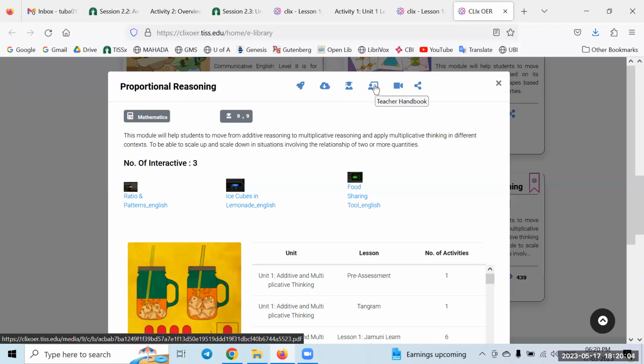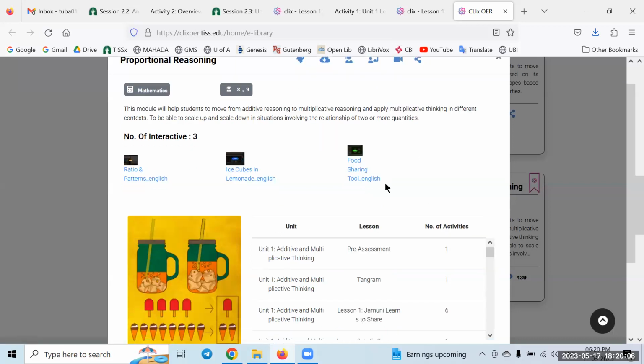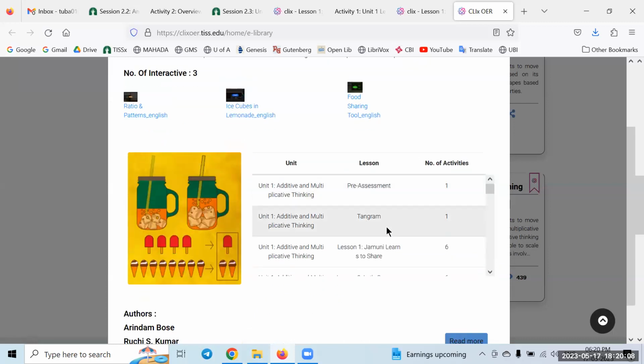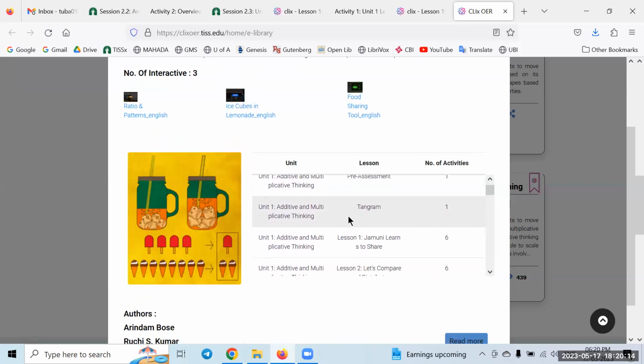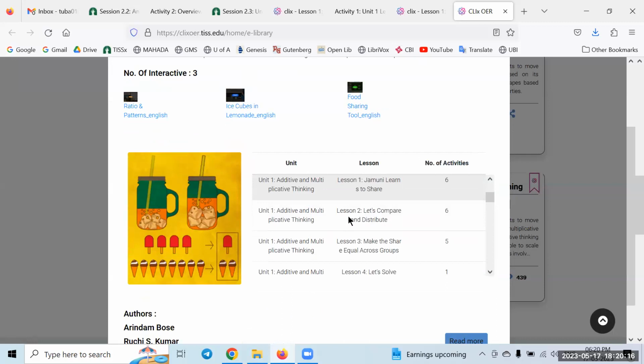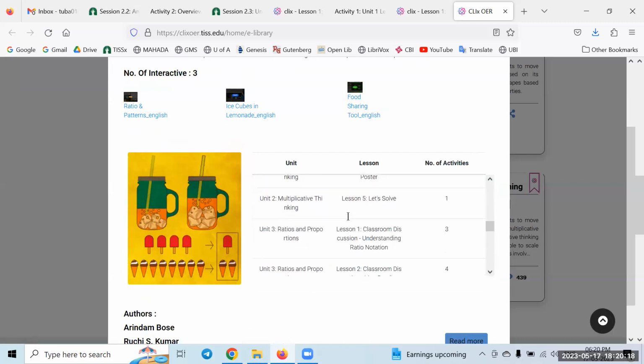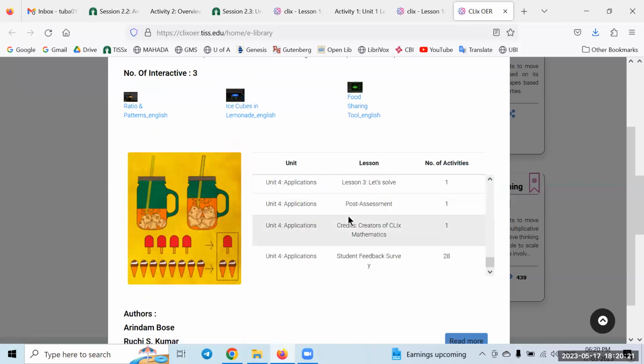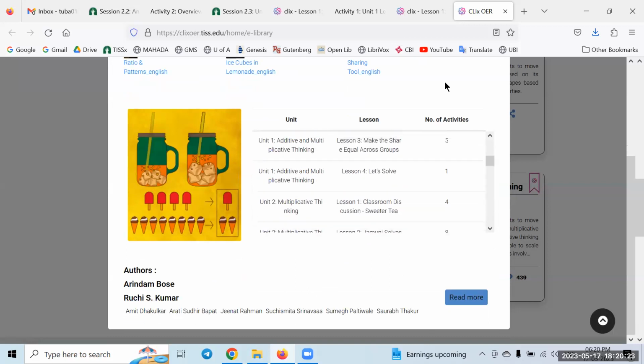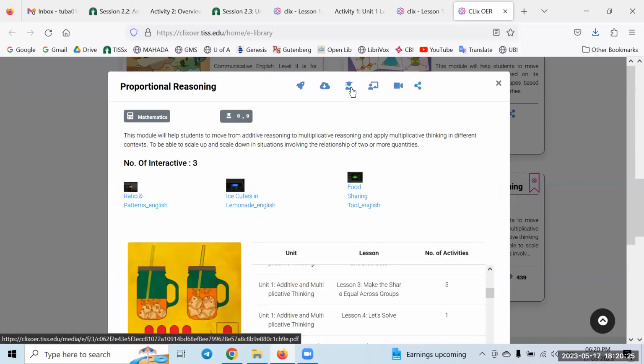You can find the teacher's handbook, and you can download it, and in that particular book you can find additive and multiplicative thinking unit 1. It is the whole book. You can find it over there. You just have to download it. So this one is for the student, and this one is for the teachers.